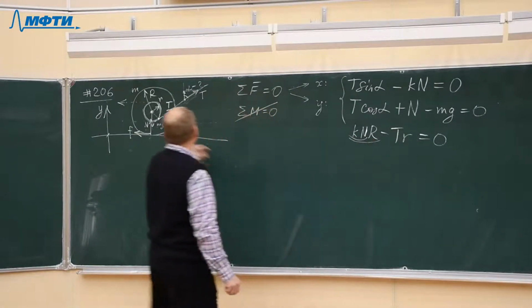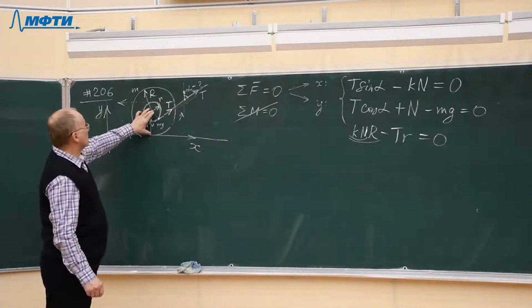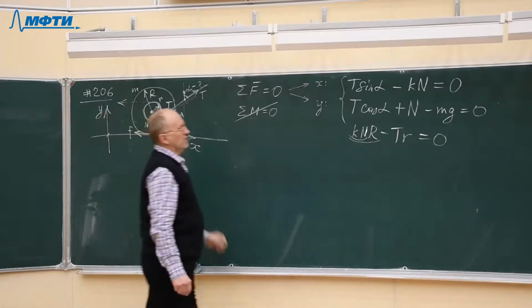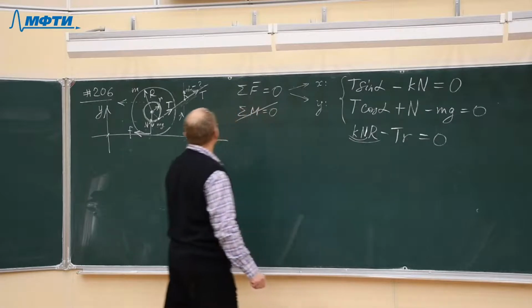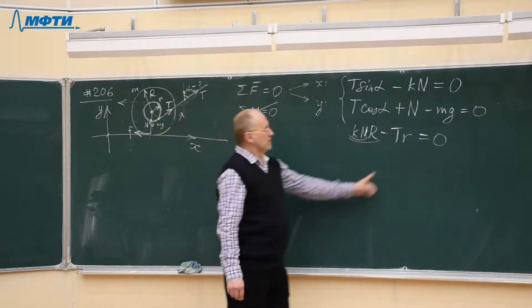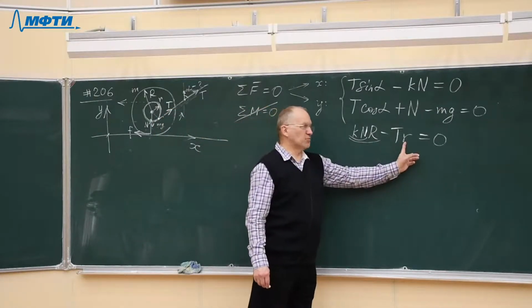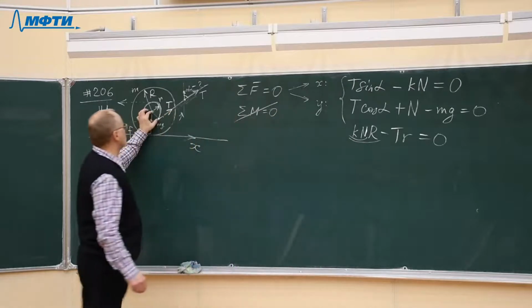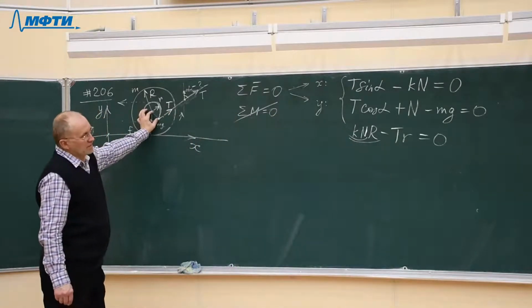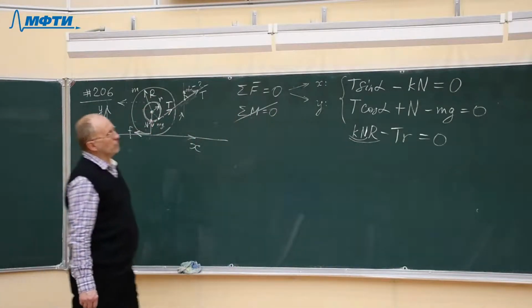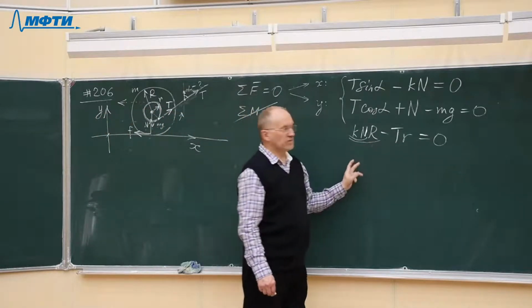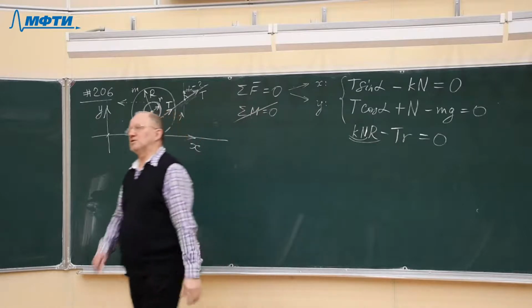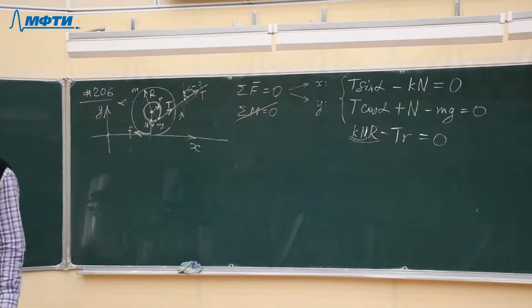The arm of the force here is the large radius, capital R, minus the force of tension in the string times the arm of this force, and the arm of this force is the small radius, small r. These two torques have different signs because they tend to rotate the spool in different directions.